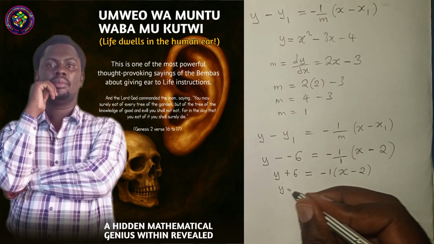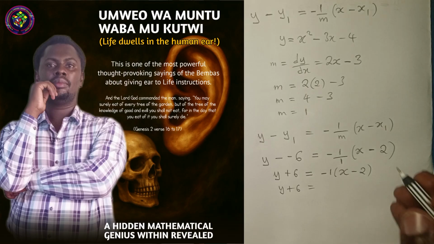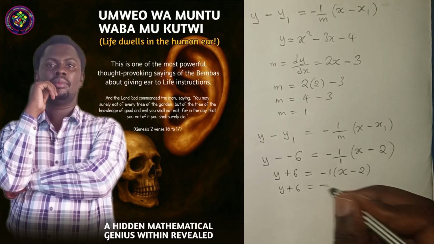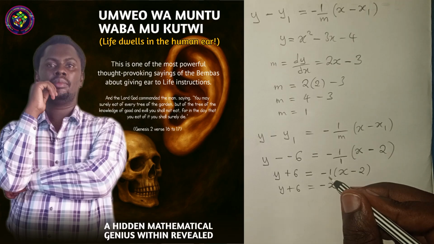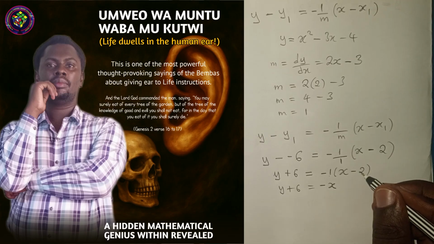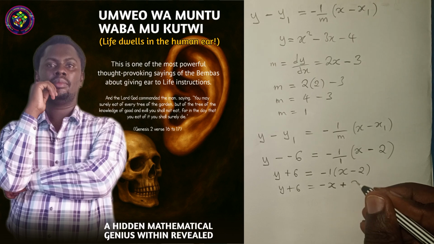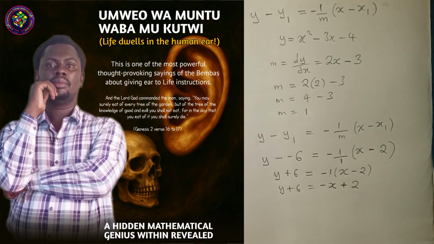Then you multiply through. Minus 1 multiplied by x gives minus x, and minus 1 multiplied by minus 2 gives positive 2, that is plus 2. Then we can rearrange the terms.